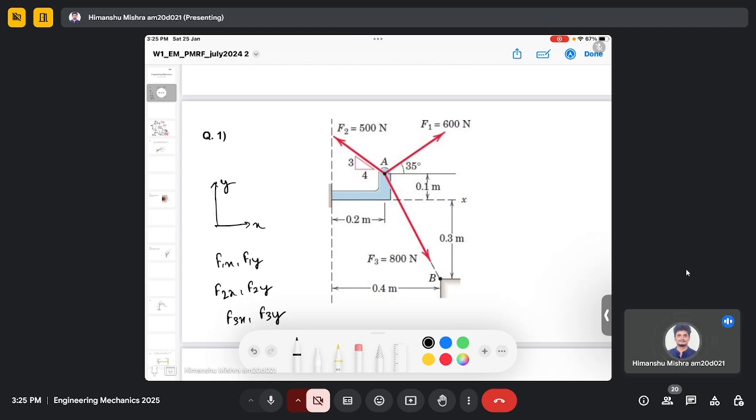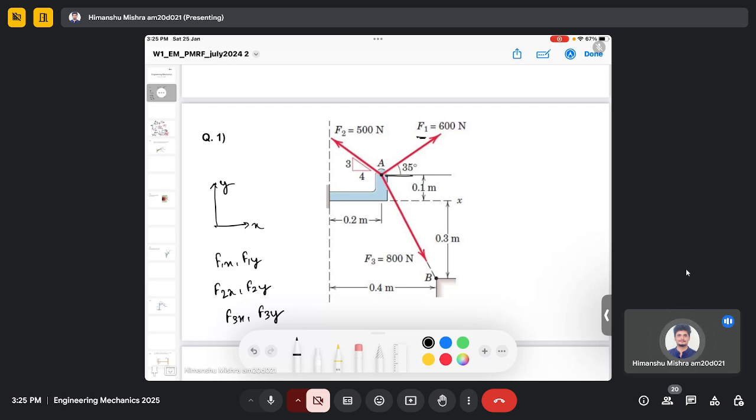Even though the basic principle remains the same, calculating components using trigonometric relations, the first force is given at a direction of 35 degrees from the horizontal. For the force F2, they have given a triangle and represented the ratio of each side of the triangle. And for F3, they have not given anything, just some random direction, and we need to calculate its components. So these are the three different cases we will look at.